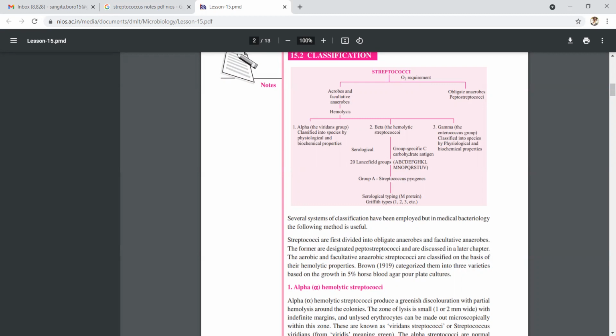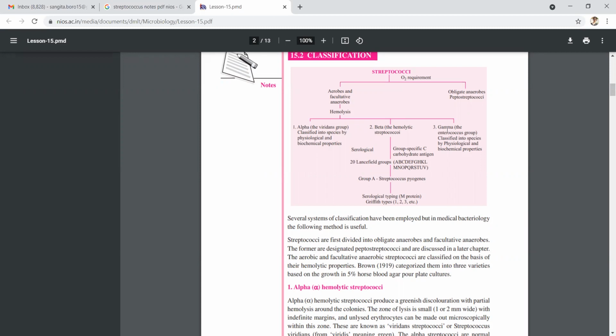And the group specific C, they possess carbohydrate antigen. Then the differences can also be based upon the serological typing, which consists of M protein. Those bacteria consist of this protein called M protein. These are the beta hemolytic streptococci.